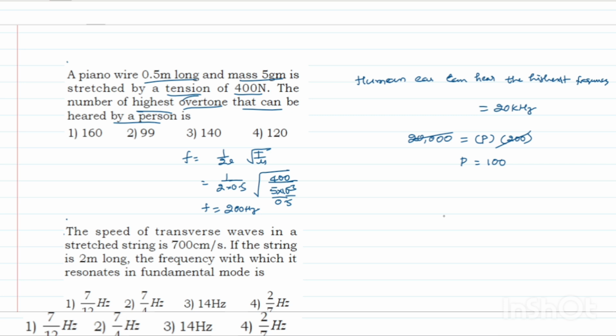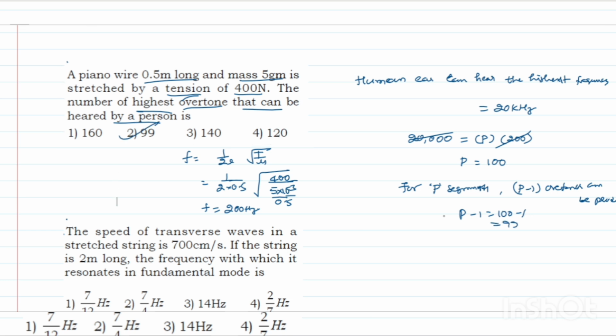For P segments or P loops, P minus 1 overtones can be produced. So P minus 1 is 100 minus 1, which is 99, and that is the correct answer.